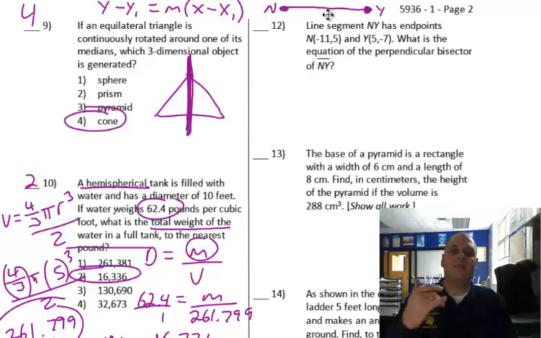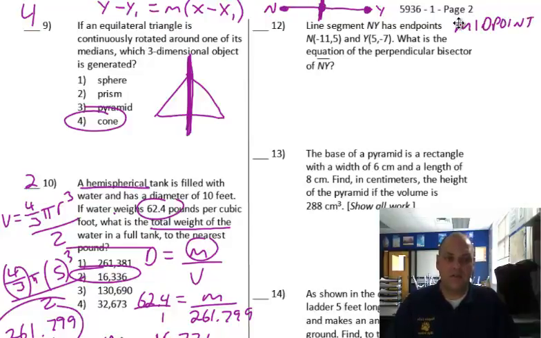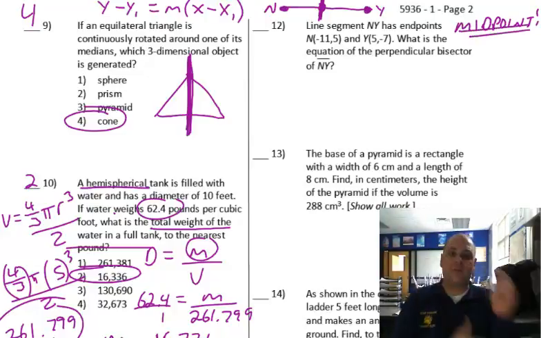And then we want the perpendicular bisector, guys. The perpendicular bisector goes right through the midpoint, and it forms right angles. We're getting the equation of that thing right there. So we need the midpoint and we need the slope, because perpendicular, negative reciprocal. Midpoint and slope.